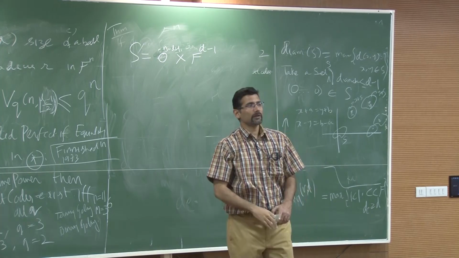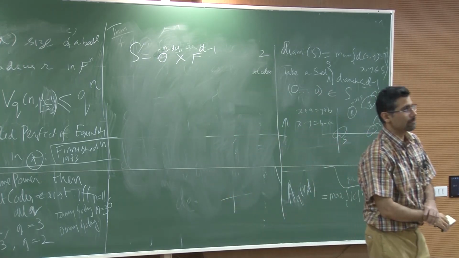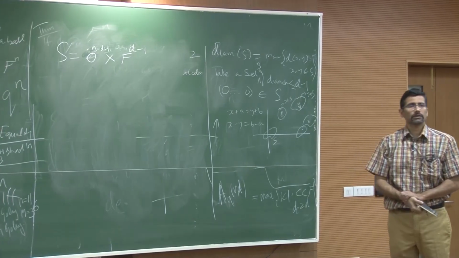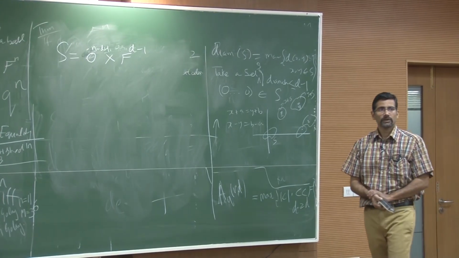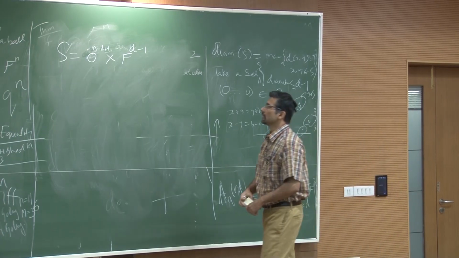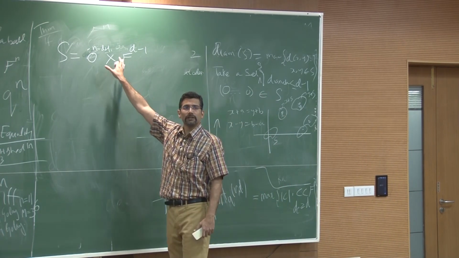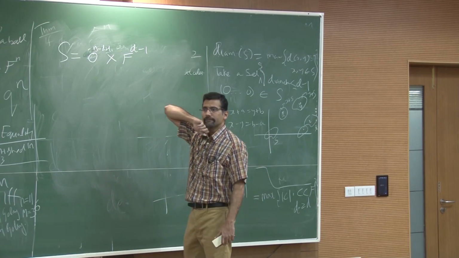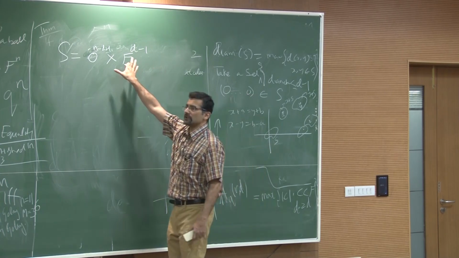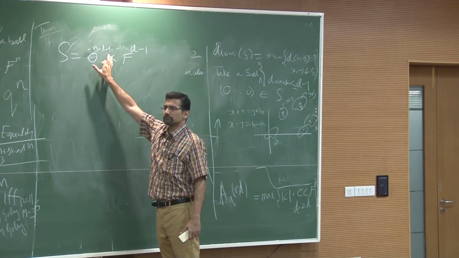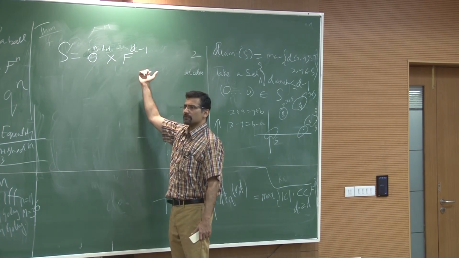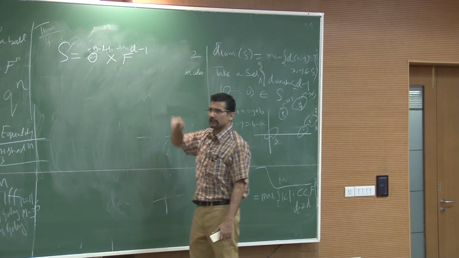So you are looking at all words whose first n minus d plus 1 coordinates are 0, and the last d minus 1 coordinates are arbitrary. Okay, it's a flat, so to speak. This has diameter d minus 1, because if you take two words, the first entries are the same, and they may differ. You can find two strings which are different in each coordinate, like that.